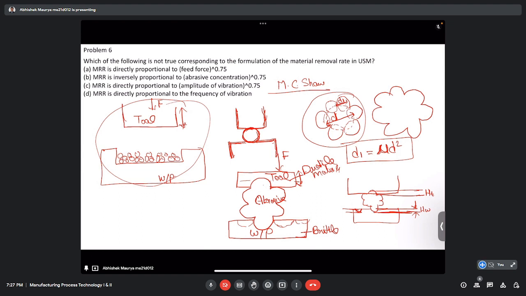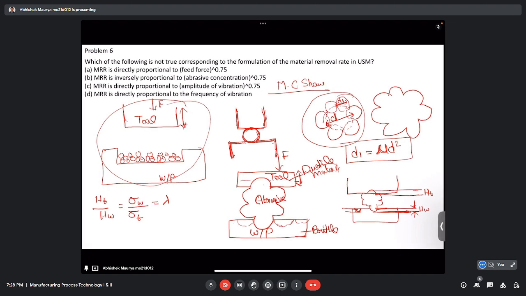So this ratio ht by hw is given by the inverse of the ratio of the flow stress, and this is denoted by lambda. Now I will show you his final form. So I will add a new slide.